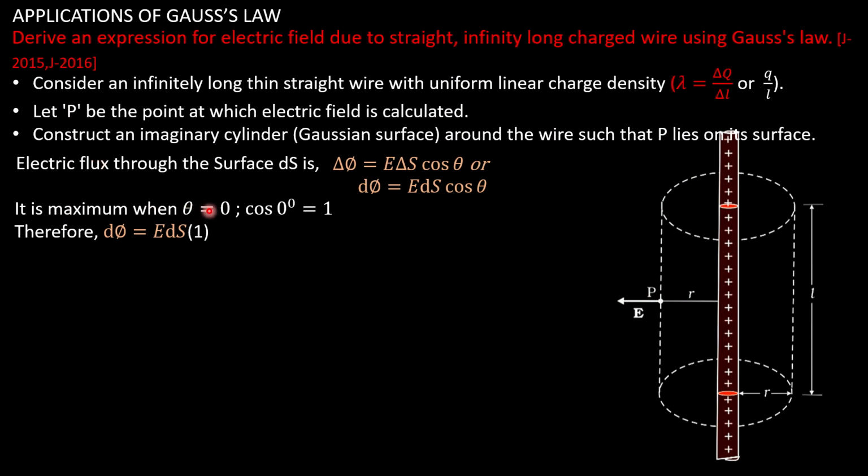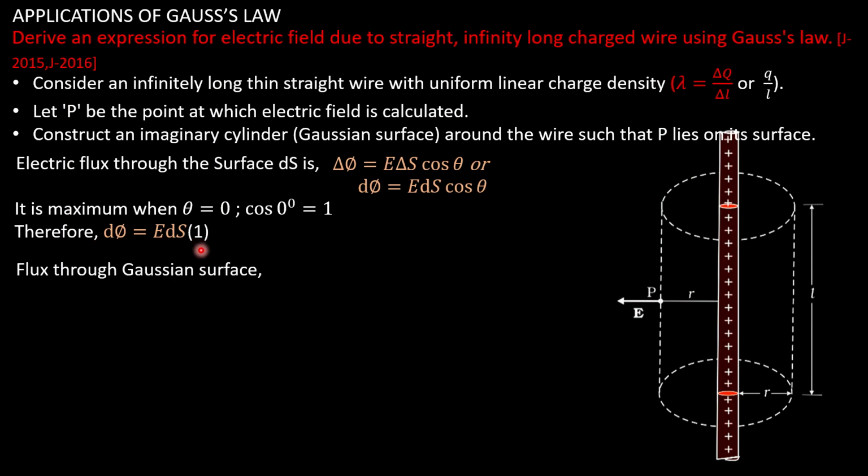So we have taken theta equals 0. Then what happens to cos theta? Cos 0 degrees equals 1. That means the maximum number of field lines is passing through this small area; that is what it signifies. So our expression becomes d flux equals E dS into 1.